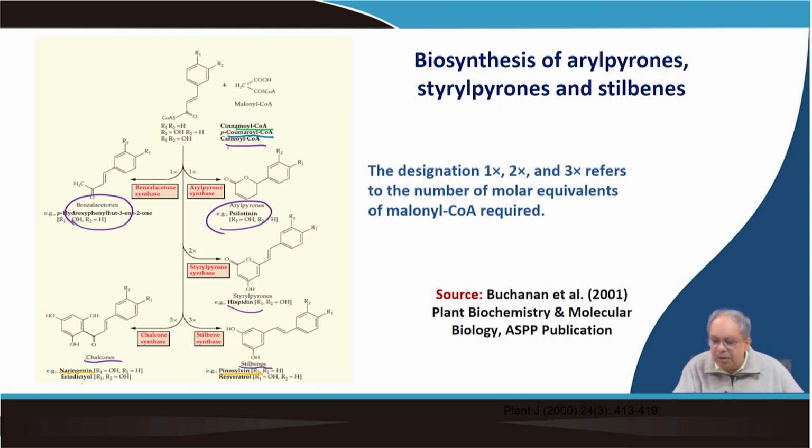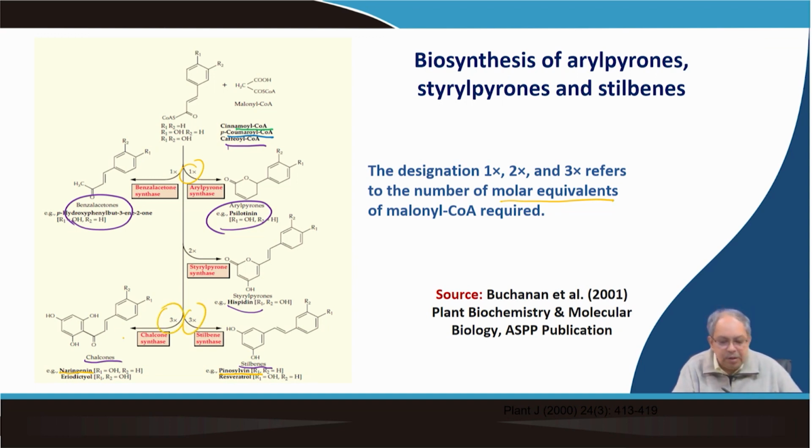So, this is basically the designation: 1x, 2x, 3x refers to the number of molar equivalent units of malonyl CoA required. For example, the formation of styrylpyrone requires 2 molecules of malonyl CoA, whereas xylotinin or aryl pyrone requires 1 molecule, whereas stilbene and chalcone require 3 molecules of malonyl CoA.